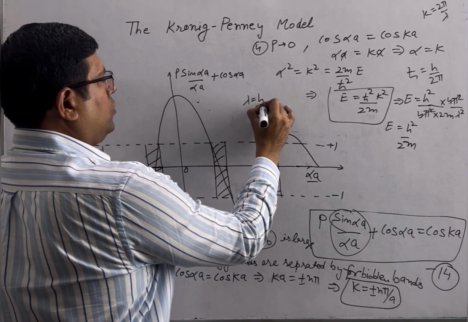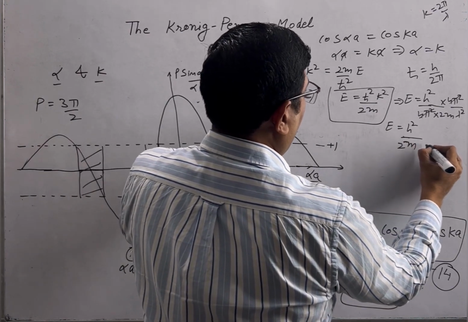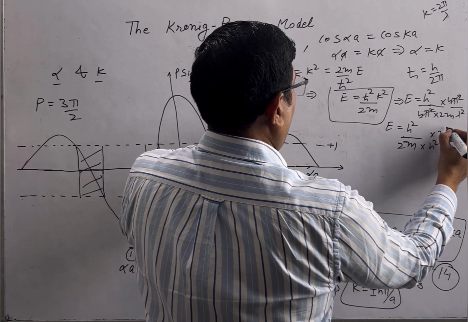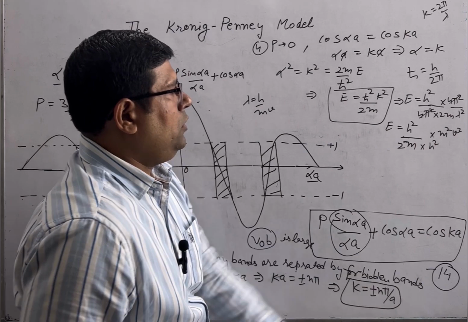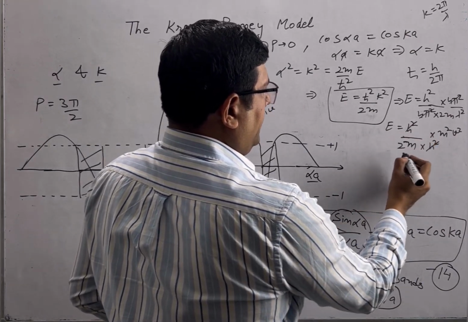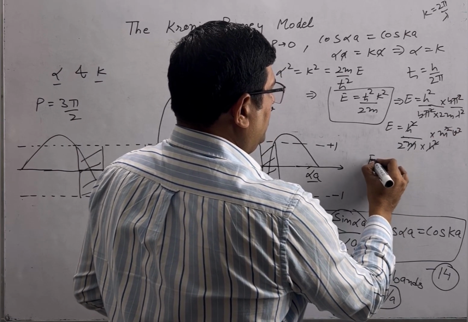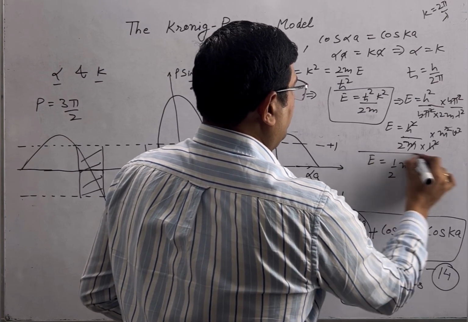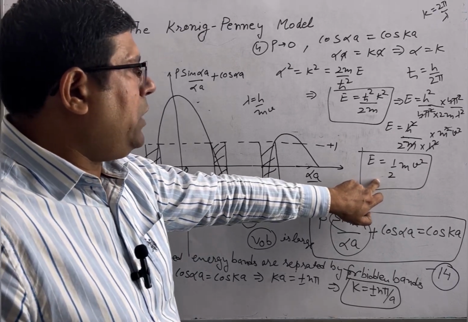Lambda equal to h upon mv. So lambda square will be h square upon m square v square. So this will be cancelled out, and this m will be cancelled out. We get 1 by 2 m v square. This is the energy of a free particle.